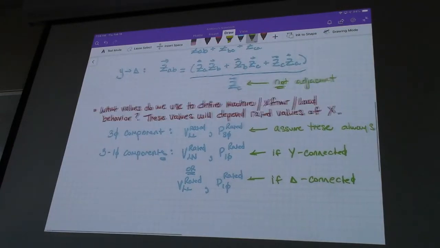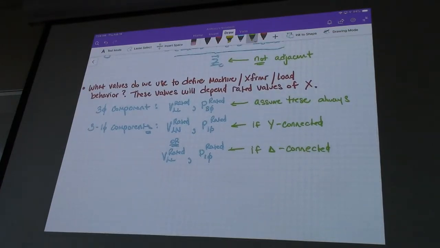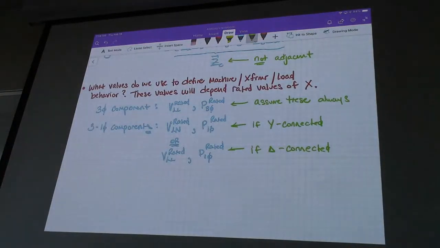So what you'll see is that the ratings are going to be dependent on the way that it's connected. And this makes sense because the rating that we're setting is actually the voltage across the device.